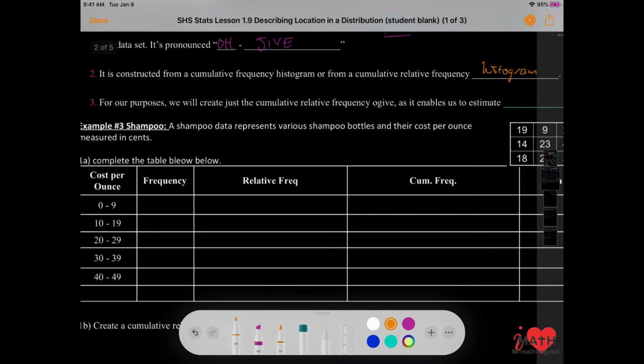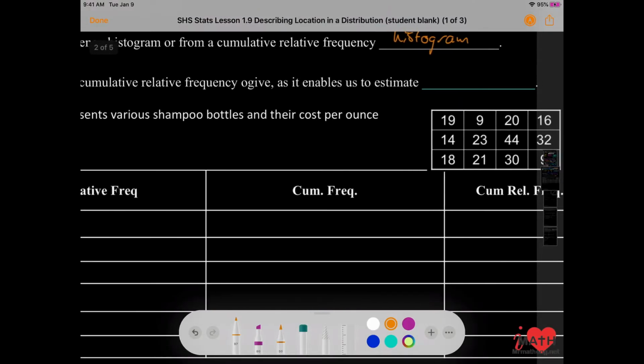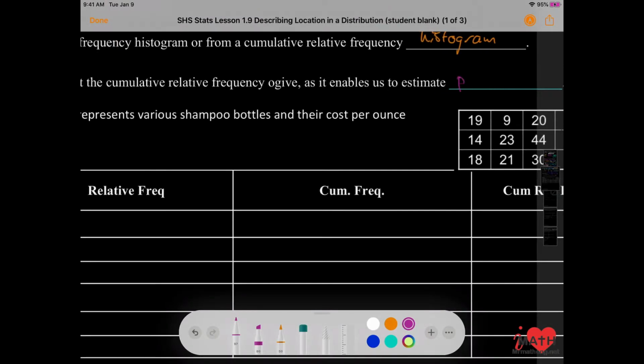For our purposes, we will create just the cumulative relative frequency ogive, as it enables us to estimate what have we been learning? Percentiles. All right, let's take a look at this example below here.